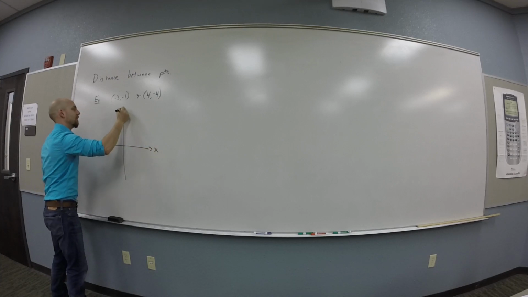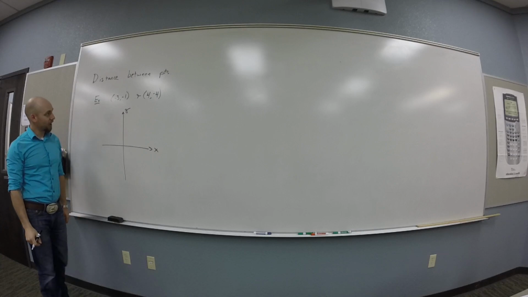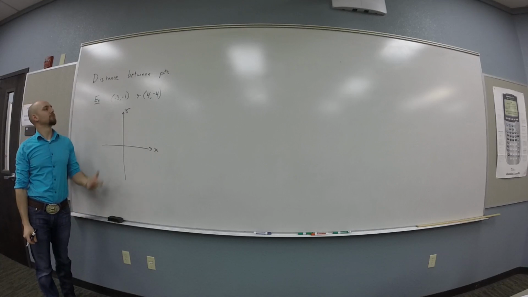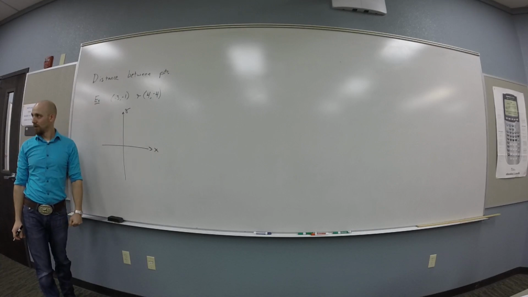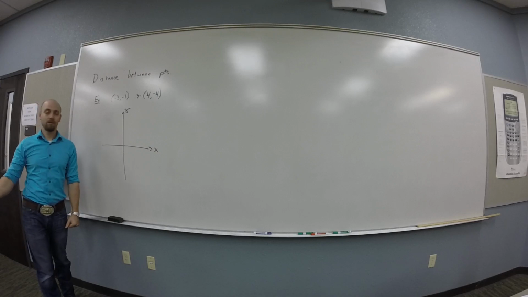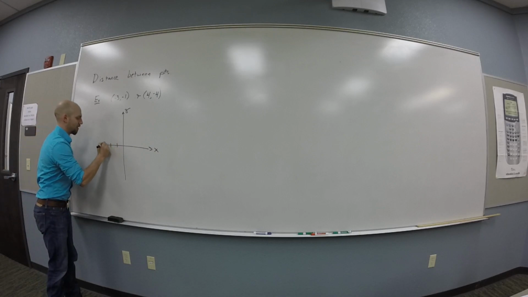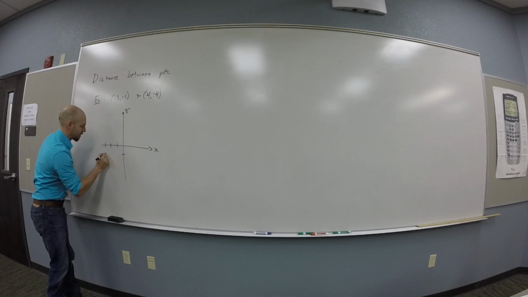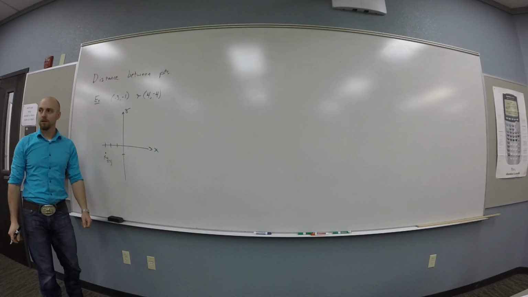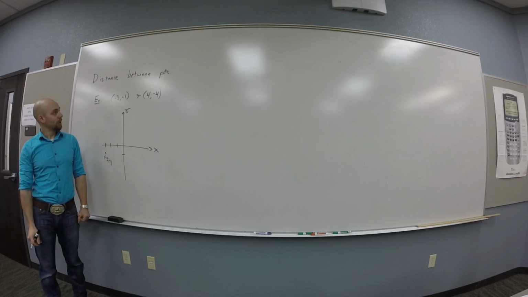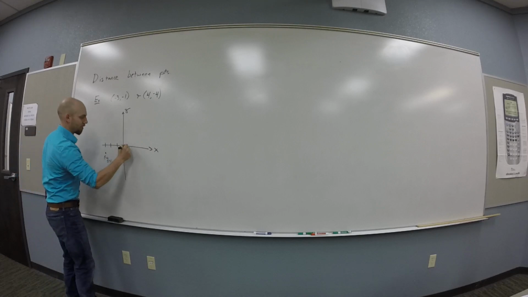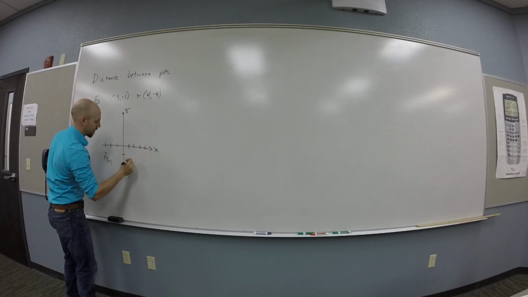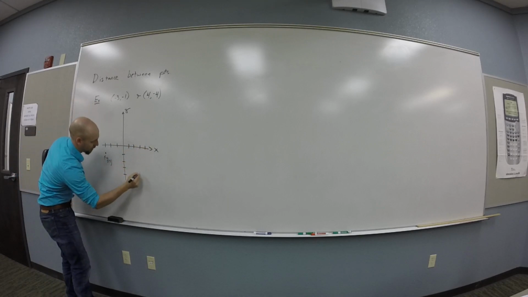So here's our usual XY axis. Where do these 2 points go? Okay. Left 3, down 1 is my (-3, -1), right? And the other point is right 4, down 4.